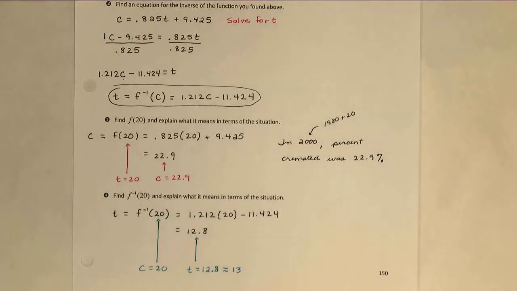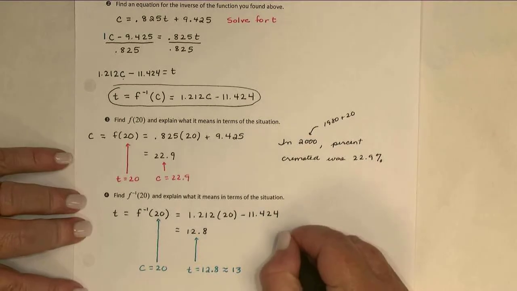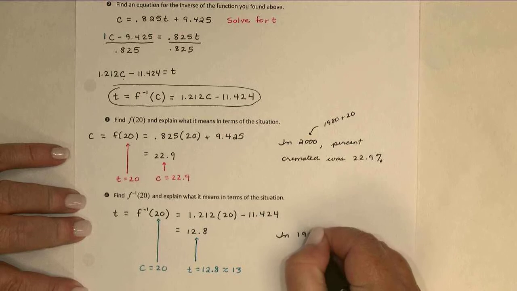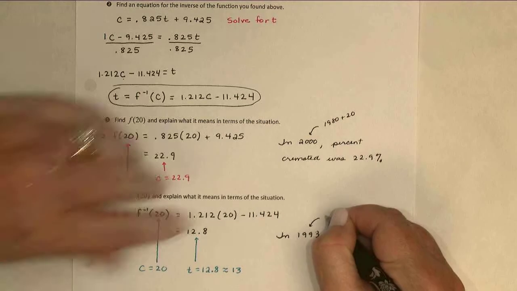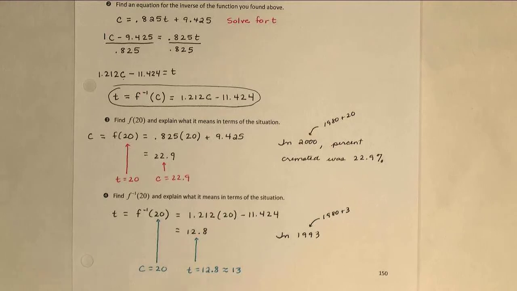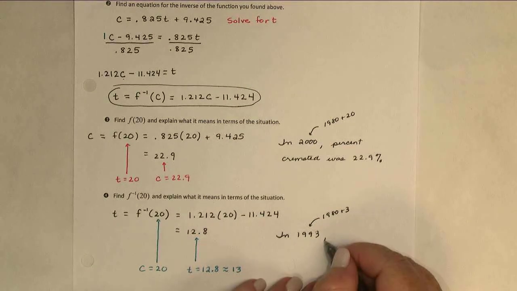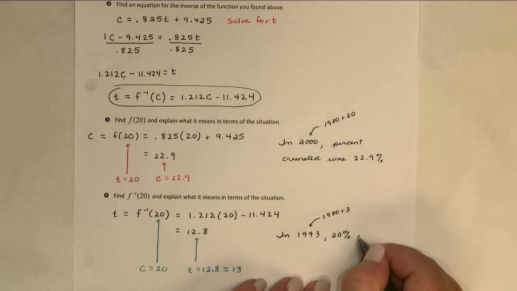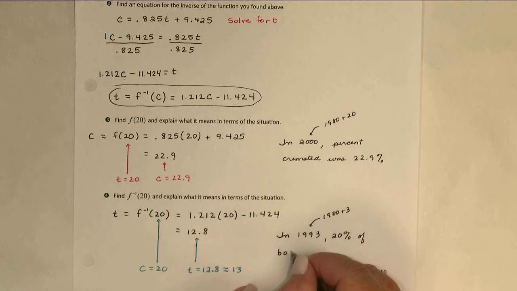So what this means is 13 years after 1980, or in other words, in about 1993, 20% of bodies were cremated.